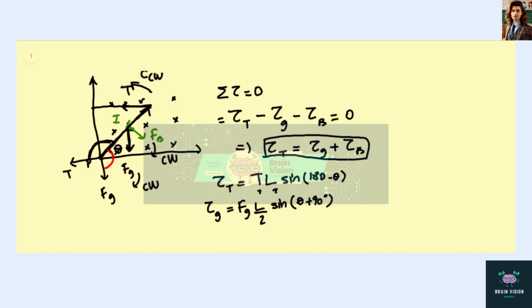And the torque generated by the magnetic force is from a previous problem. We were advised to use that expression. It would be I times B times L squared over 2. Now we're going to put all these three expressions in this equation, and then we're going to isolate T.